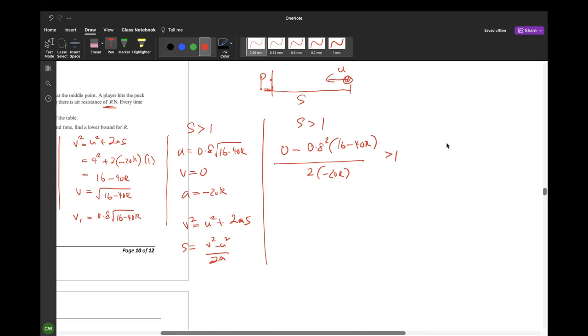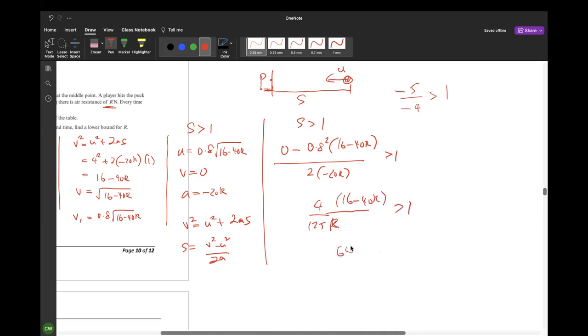Negative, positive. Can we cancel this? I think we can. Okay. 4 over 125R, more than 1.